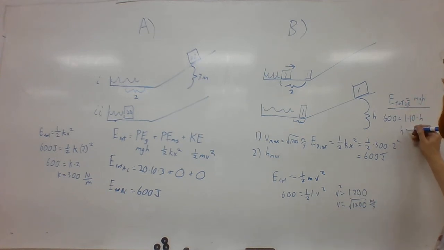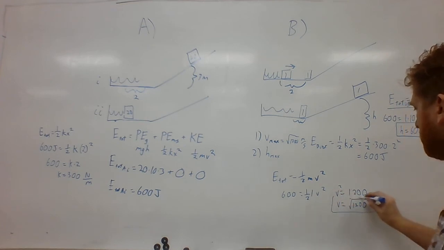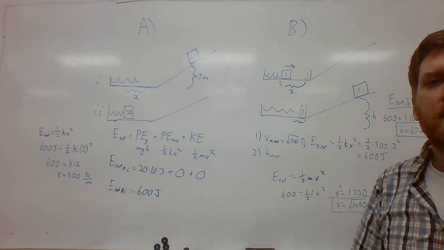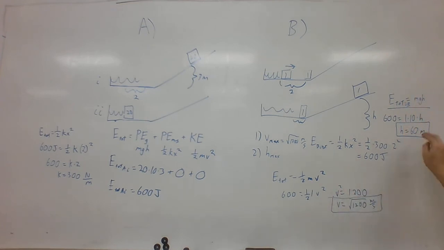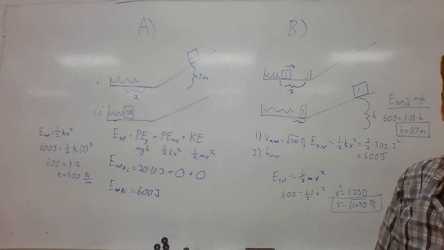And we learned that the maximum height of our 1 kilogram mass is 60 meters. And so those are the two answers to this problem, where the velocity is root 1200 meters per second and the maximum height is 60 meters.